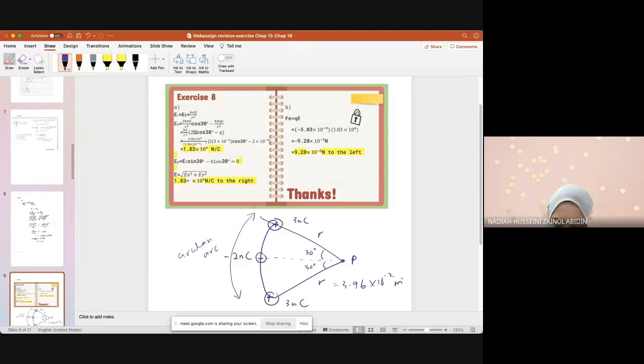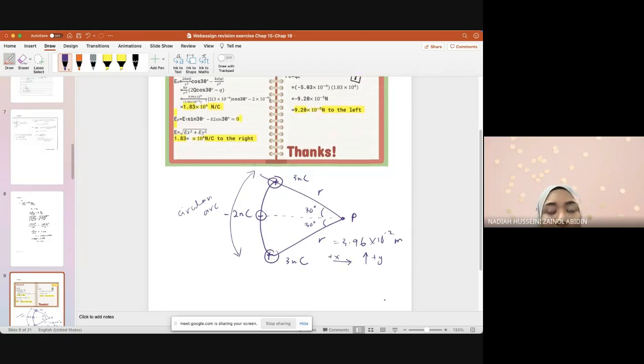Assume that the x-axis is to the right and y-axis is up along the page. So x-axis is to the right, positive, and positive y is like this, up along the page. Don't take x to the left as positive.